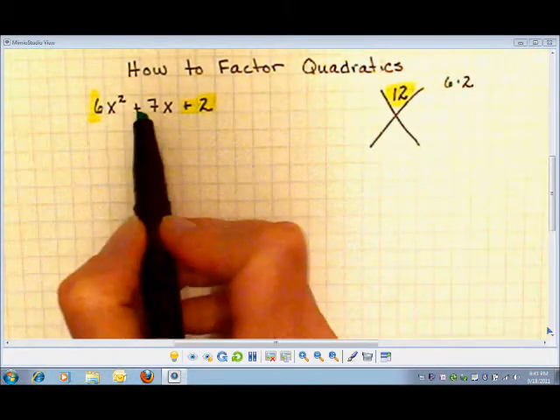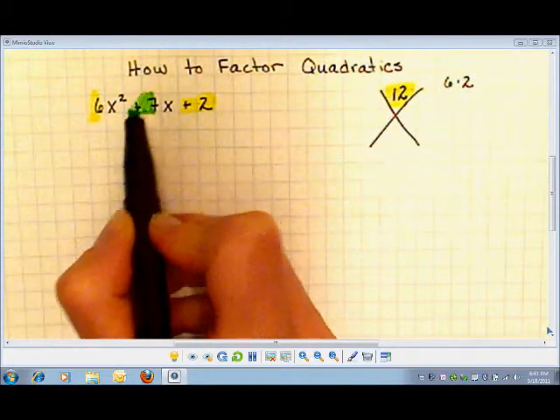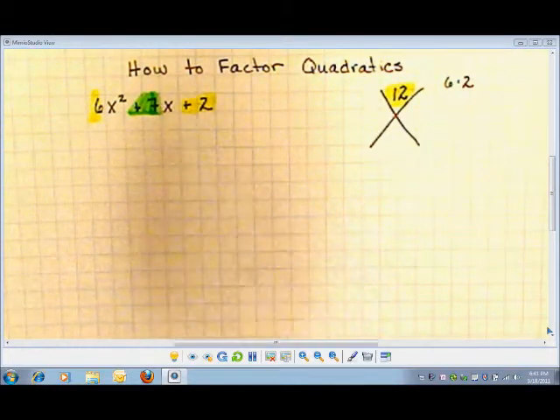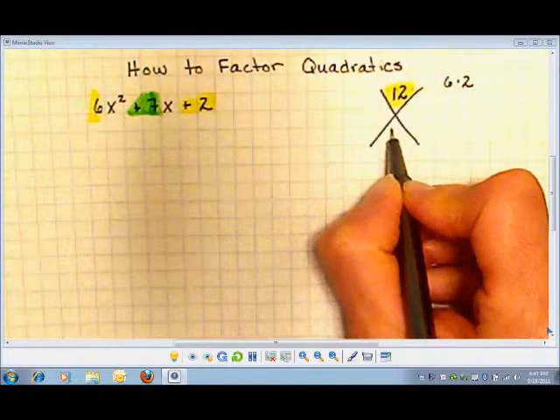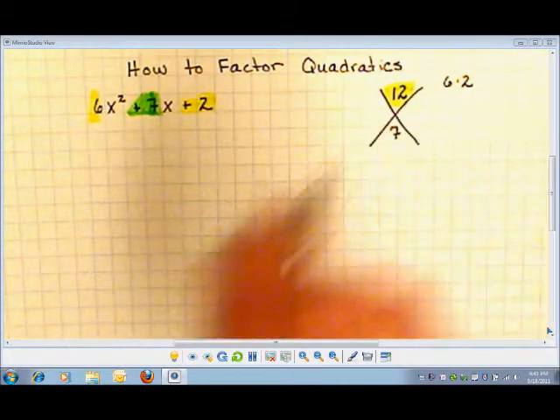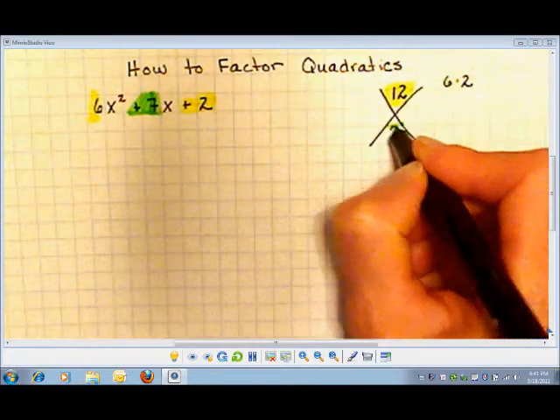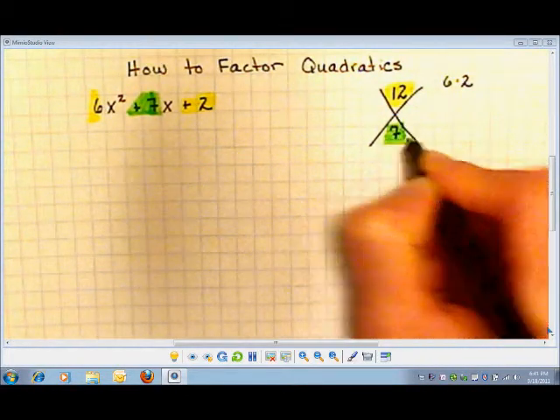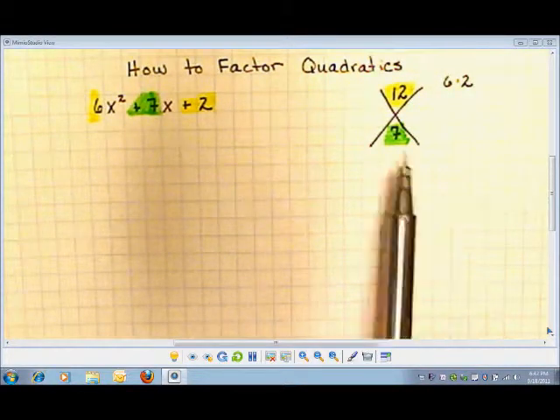Then I'm going to look at my center term, which is a positive 7, and I'm going to write that right here in the bottom of the X. So the X is going to help me determine what factors of 12 I need to add up to 7.